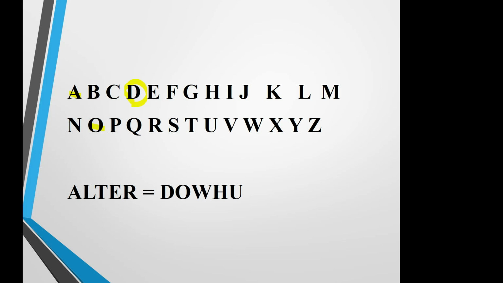And coming to T, the corresponding letter is W, after 3 letters. Coming to E, same as that of ALT, that is plus 3, and R, the corresponding letter is U, that is plus 3. So we have to select the third letter after every corresponding alphabet.